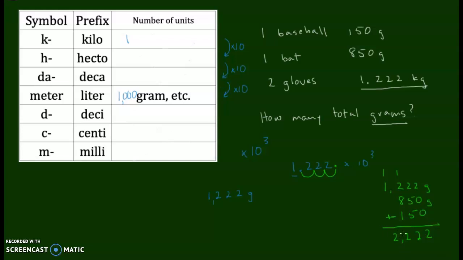So 2,222 is the total number of grams that are in the bag.